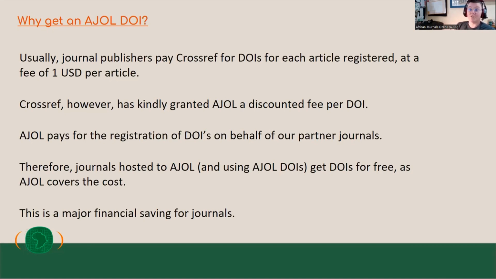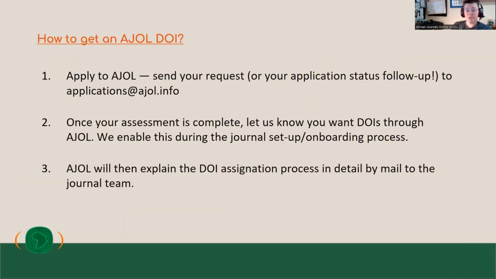This is a major financial saving for smaller journals, particularly ones that may not be particularly well staffed or well resourced. We understand that many of our partners are standalones or are running very much a one-man band sort of situation. We believe that everybody should have access, and therefore this arrangement exists to help particularly smaller journals. Even if you're a fairly large journal, do get in touch.